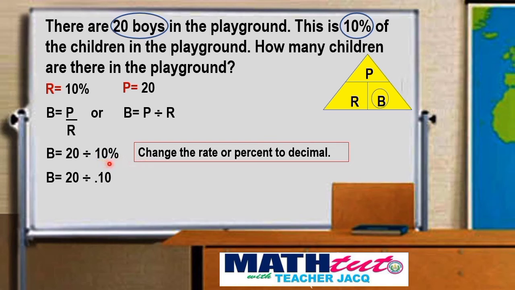Yung 10, i-divide mo siya kay 100, because yung sign ng percent ay equivalent to 100 at ang makukuha mong quotient ay same lang na 0.10. So, b is equals to 20 divided by 0.10. So, ang ating final answer is b is equals to 200. So, ang total number ng children na nasa playground ay 200.